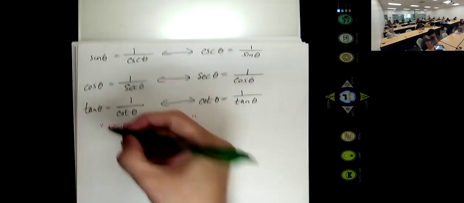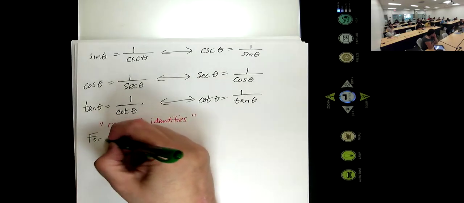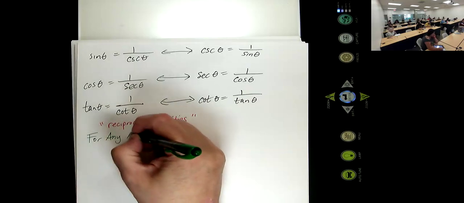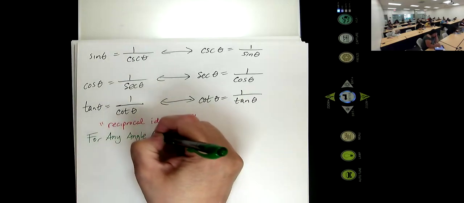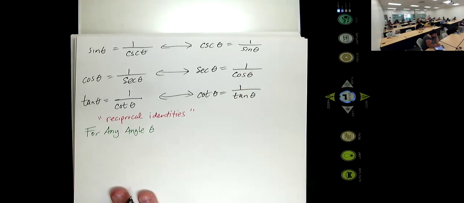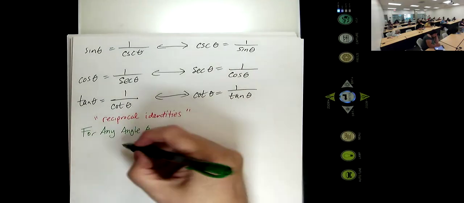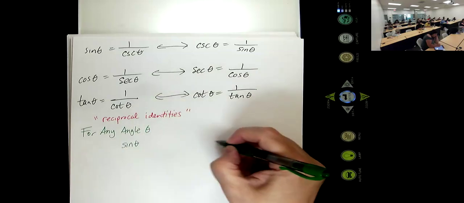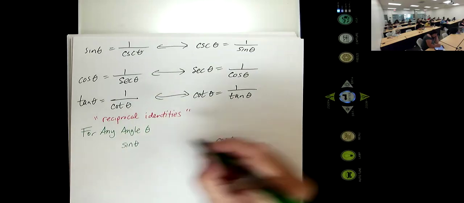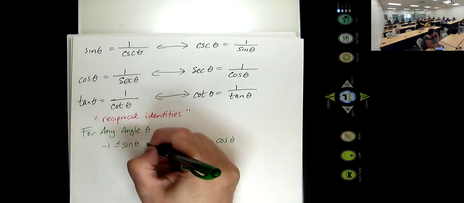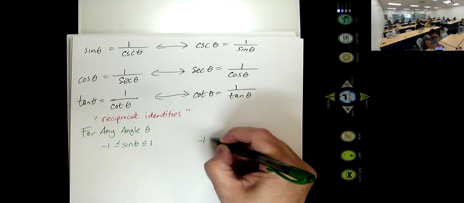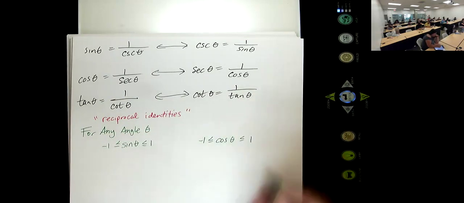It's worth noting, this is actually really important, for any angle theta, both sine theta and cosine theta have values between -1 and +1, including those values.